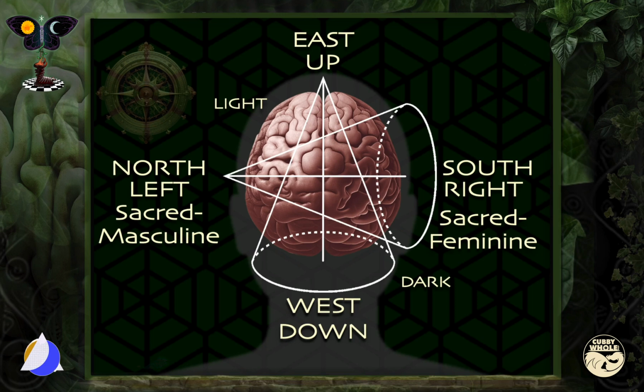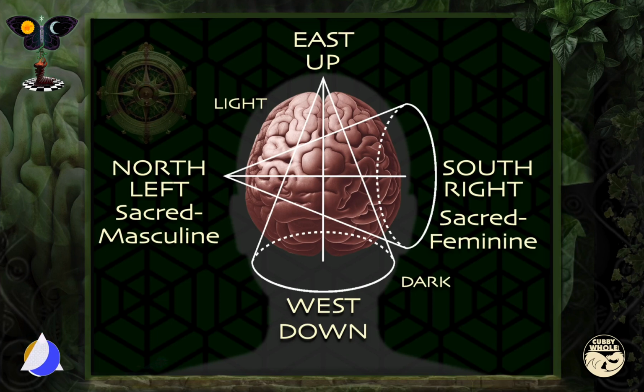show the orientation of what we all have programmed into our mind, which is the cone pointing left, the horizontal. Okay. So pay attention to the horizontal going from right to left, the south to north, which is associated with the sacred masculine.